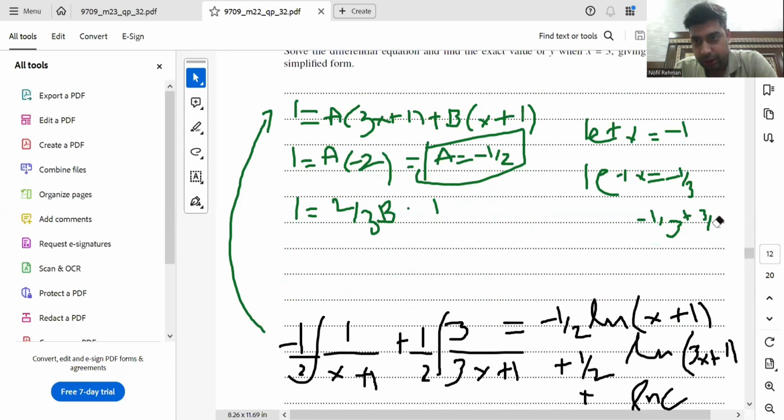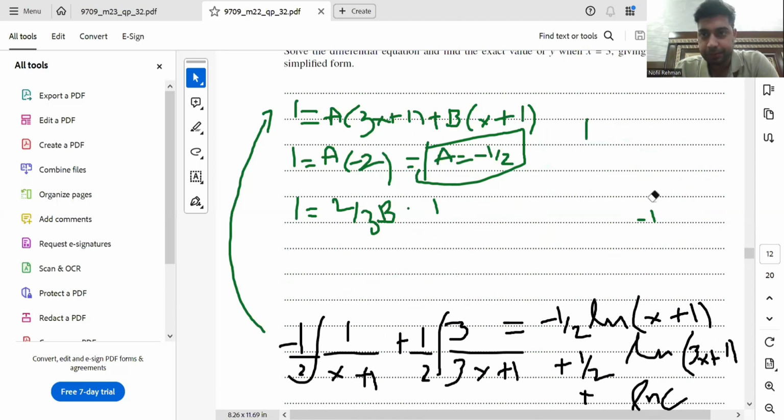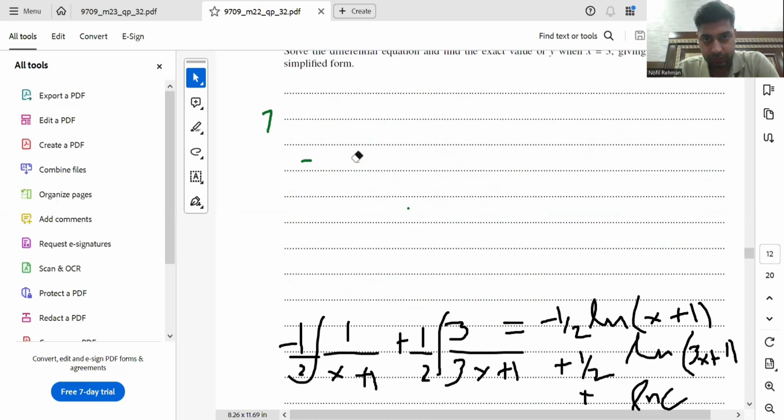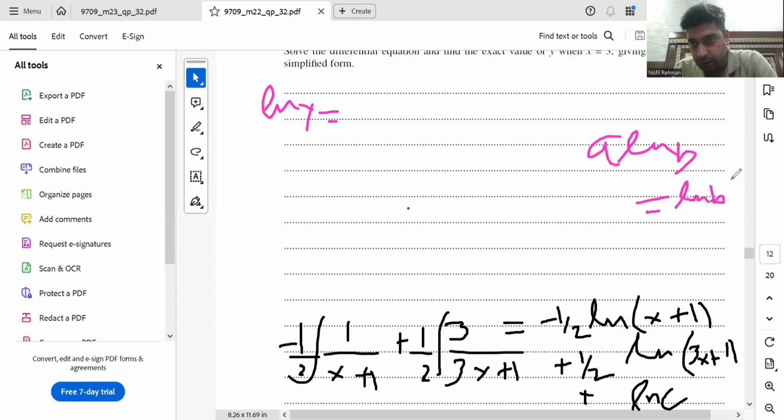So now creating space again. Okay, so now we have ln y on the left hand side, and since I have minus 1 over 2 multiplied by ln, I know that a ln b equals ln of b to the power a.